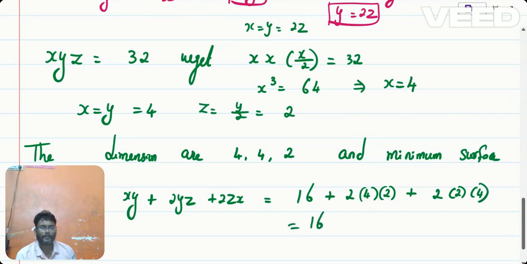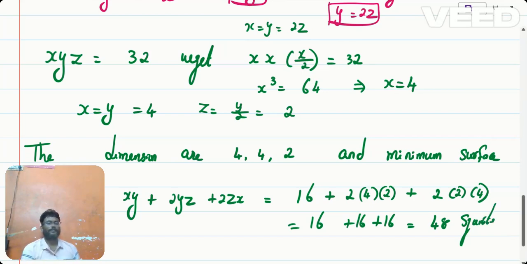So it will be 16 plus 16 plus 16, which is 48 square units. That is the minimum surface area, with the condition that the volume is 32. Okay, thank you.